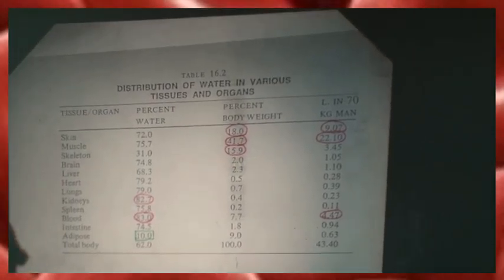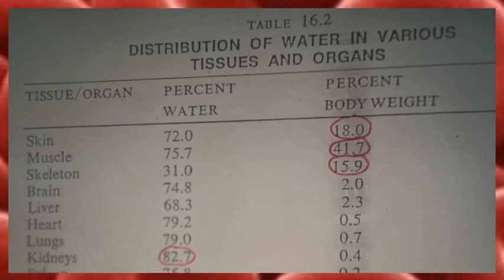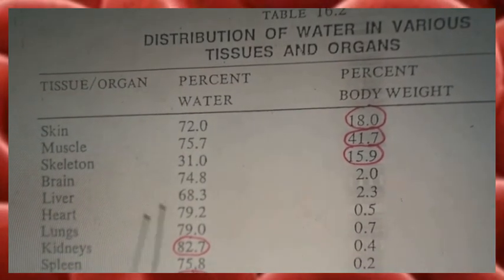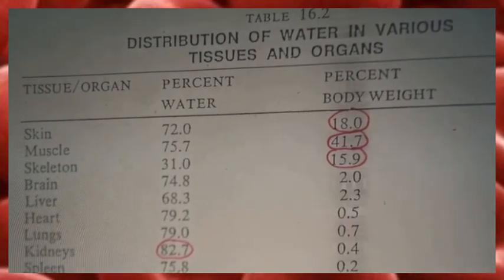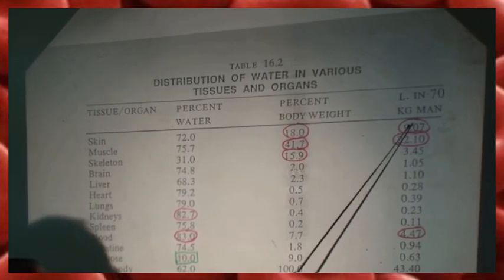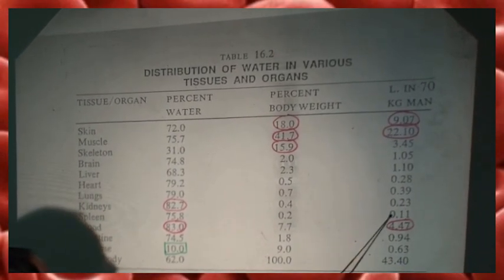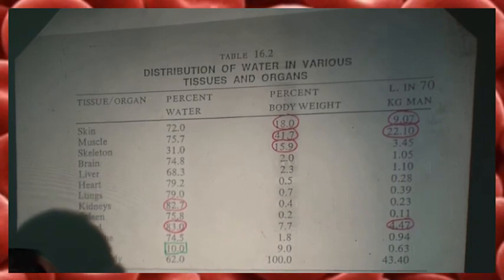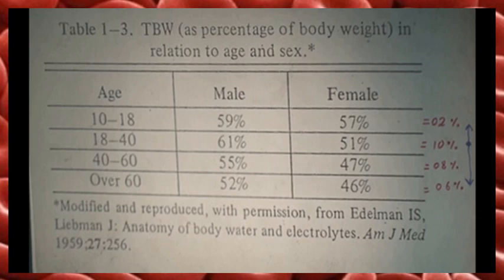You see, skin 18, muscle about 42, skeleton 15. Liters in a 70 kilogram man: you see in the skin 9, in the muscles 22, and in the blood you see about 5 liters.